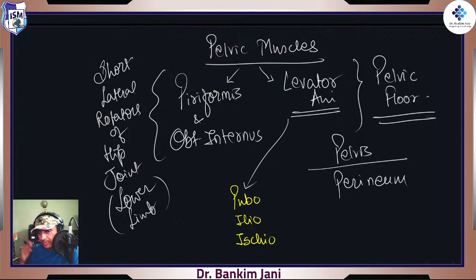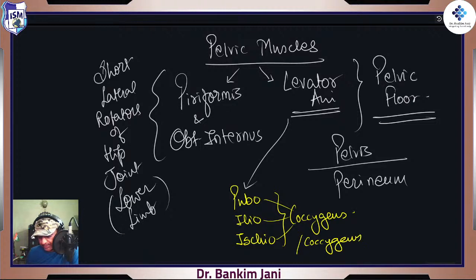All of them will be going towards the coccyx, right? So it would be pubococcygeus, iliococcygeus, and ischiococcygeus. Now, eventually this ischiococcygeus is also sometimes called just the coccygeus, so it is one and the same thing. So pubo, ilio, and ischio.